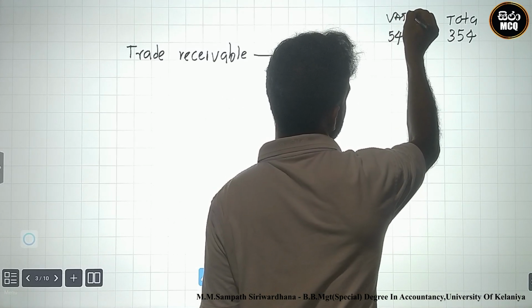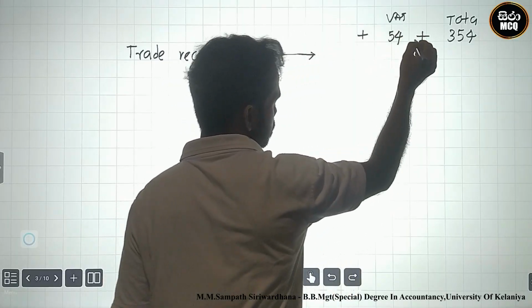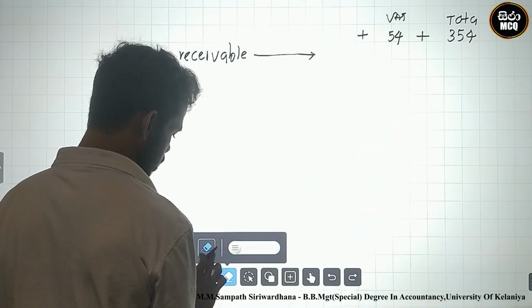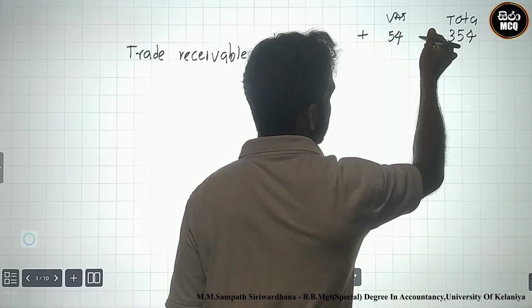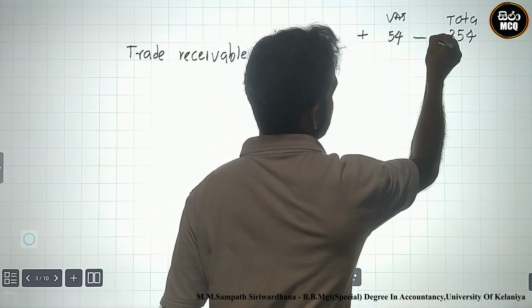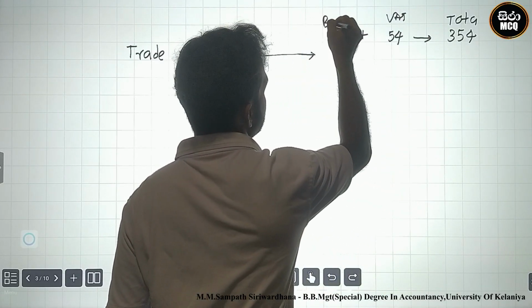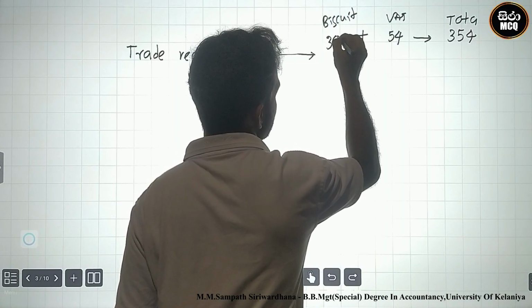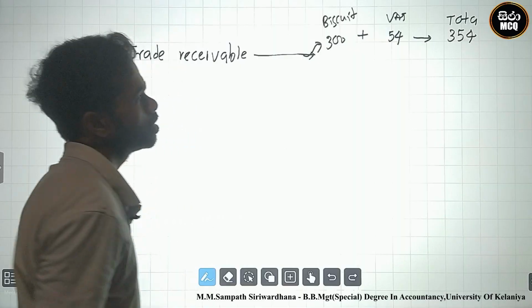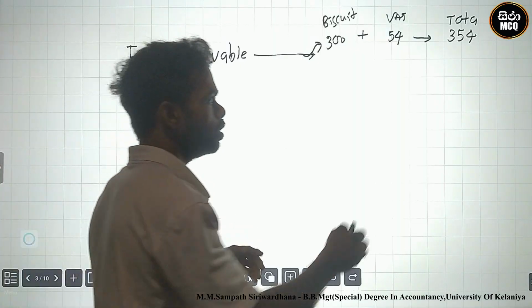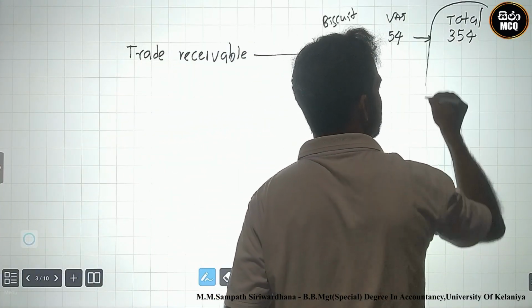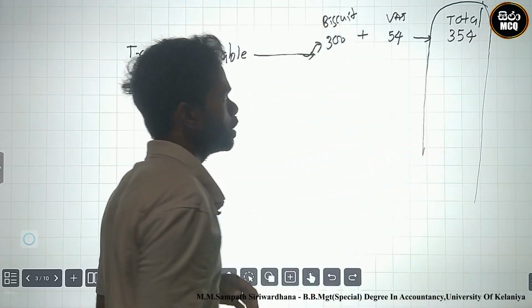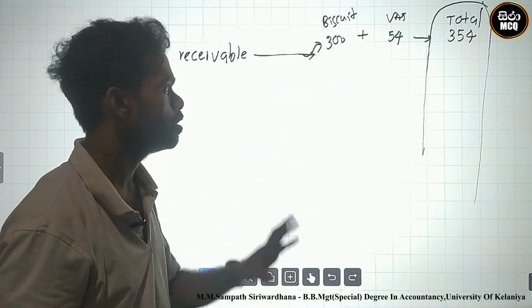This is the biscuit we must collect from Amal, value 300. Look here, this is the receivable. The total one is 354. VAT and biscuit both we must collect.